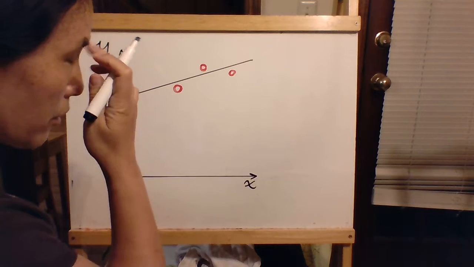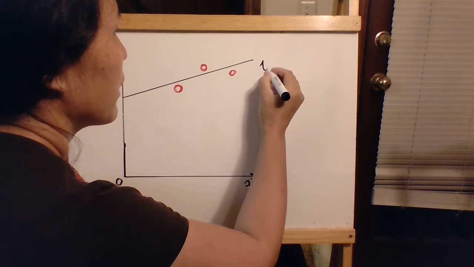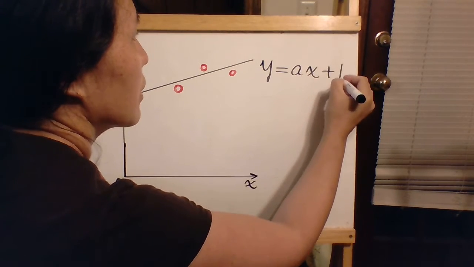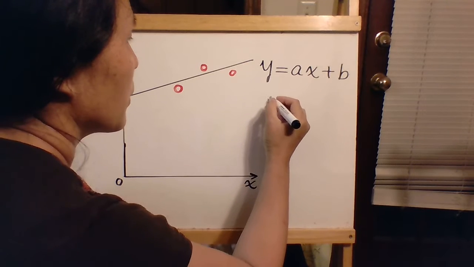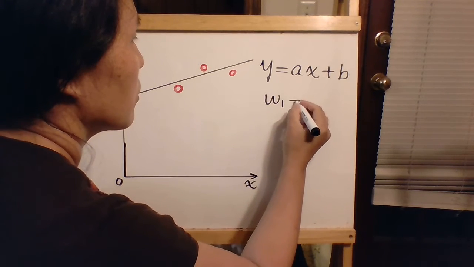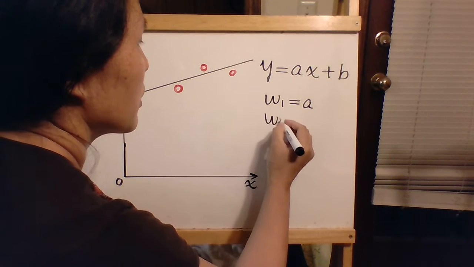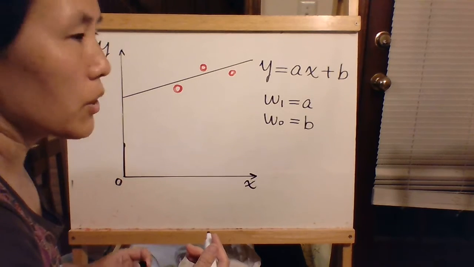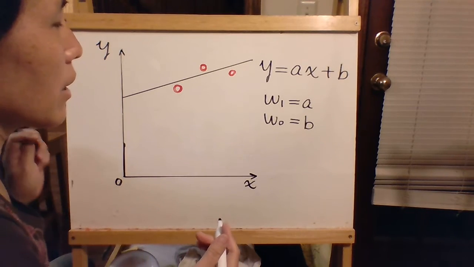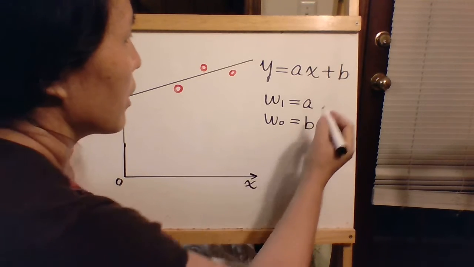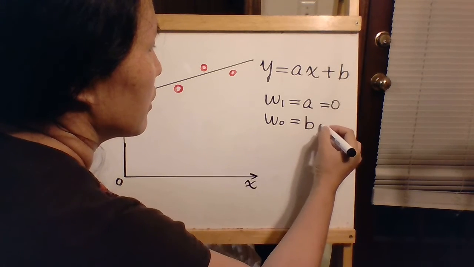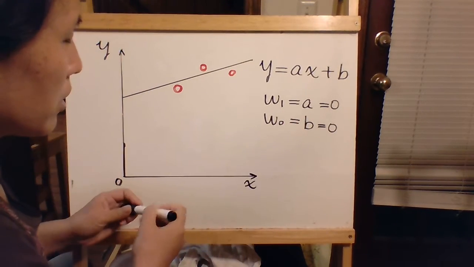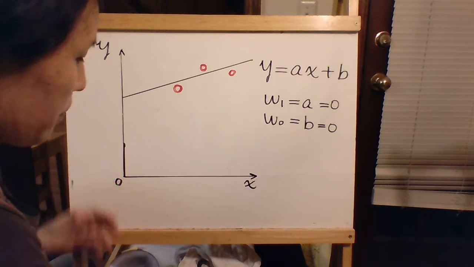When we say linear regression, we talk about y equals ax plus b. And in our course, we use W1 to represent a and W0 to represent b. When the machine makes a wild guess, it starts from the simplest guess: let a and b be 0, which means W1 and W0 are both 0.